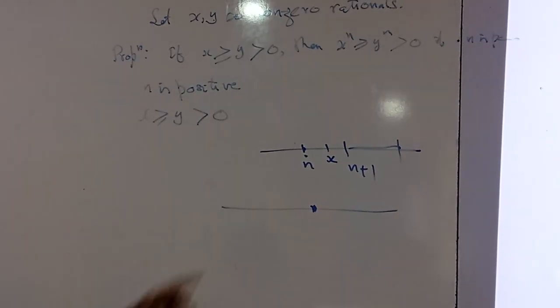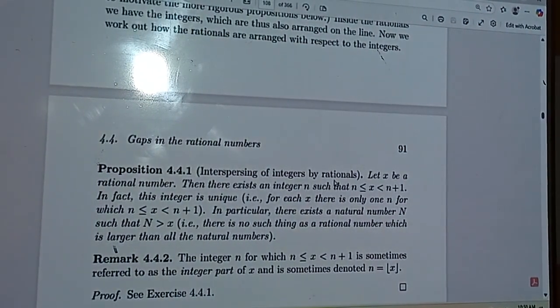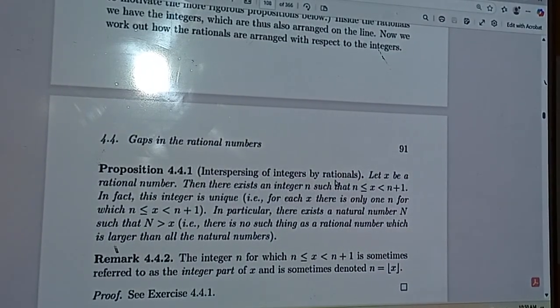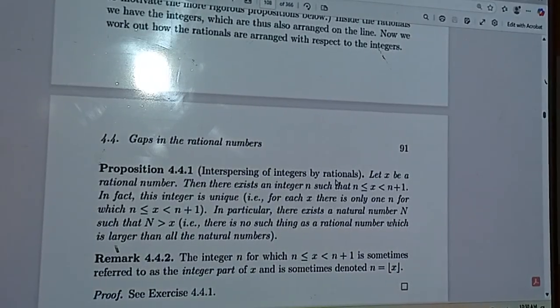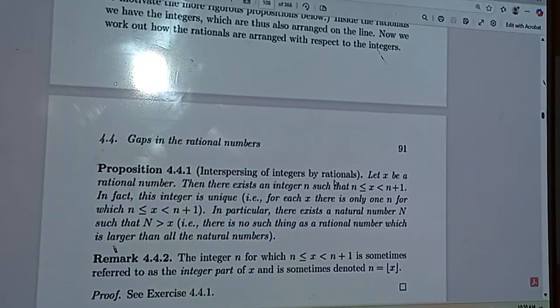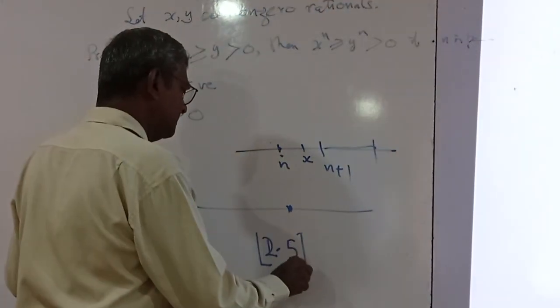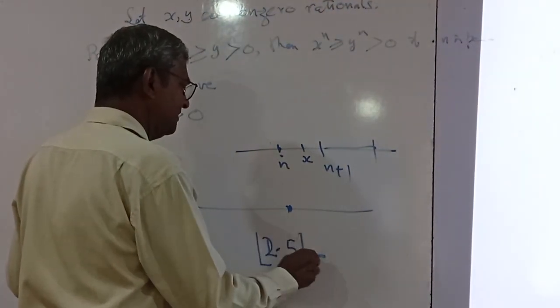The integer n for which n is less than or equal to x and x is strictly less than n plus 1 is sometimes referred to as the integer part of x. I have seen A-level people say like that, and it is sometimes denoted by a special notation. For instance, the integer part of 2.5 is equal to 2.